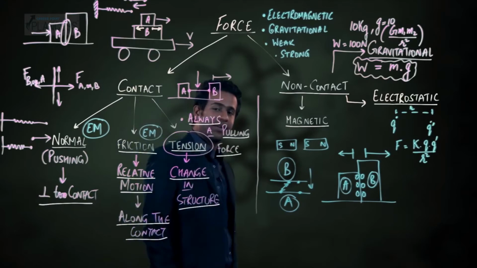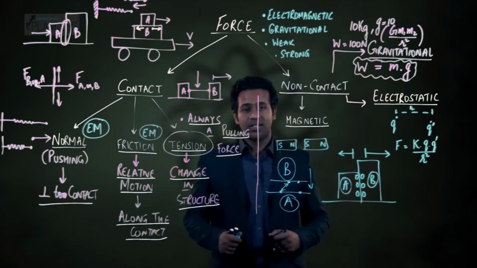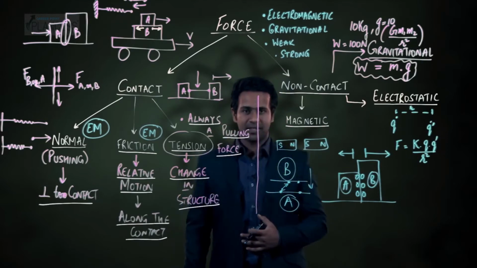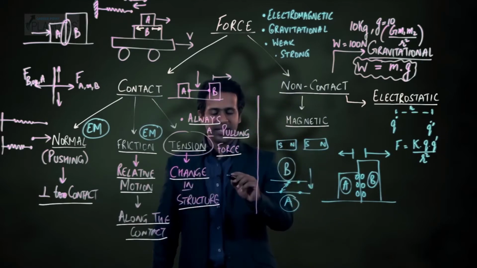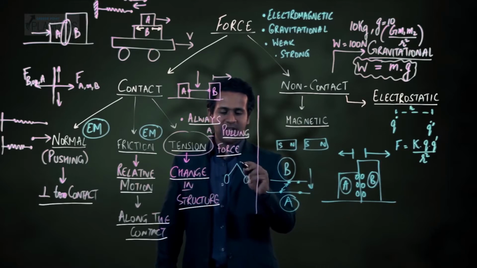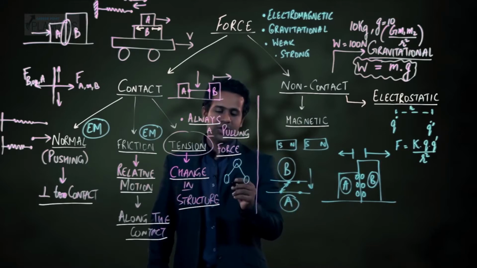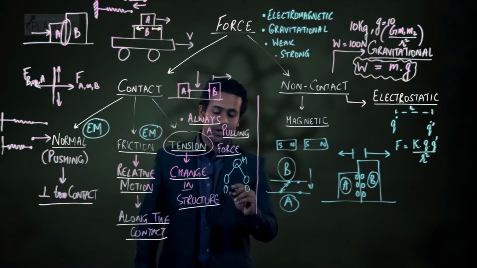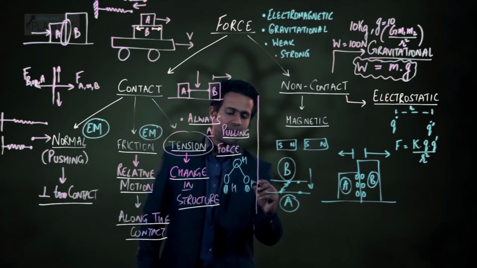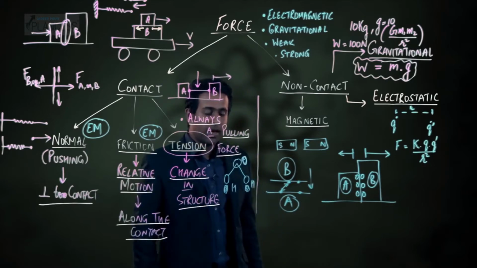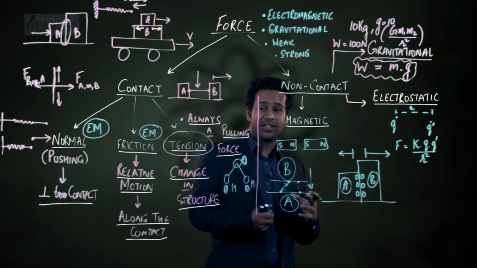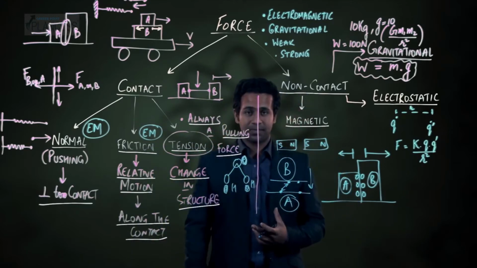What about tension then? Tension occurs whenever there is a change in structure. Now what defines that structure? I hope you're studying in chemistry that everything has a structure. For example, an H2O molecule might look something like this. But there are two hydrogens and one oxygen. Now what dictates the shape of this H2O molecule? It is the interaction of charges.